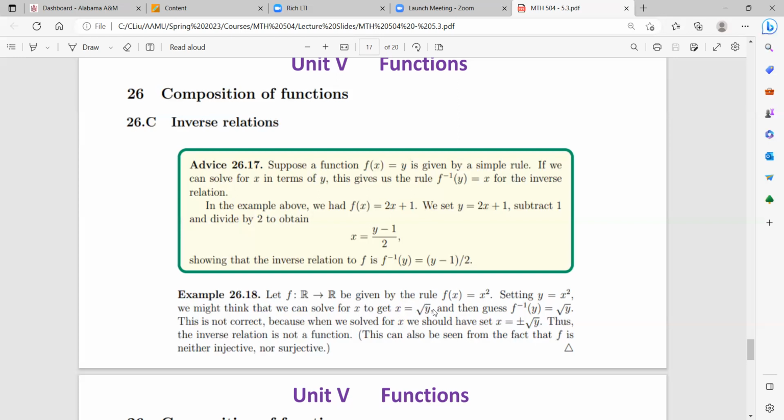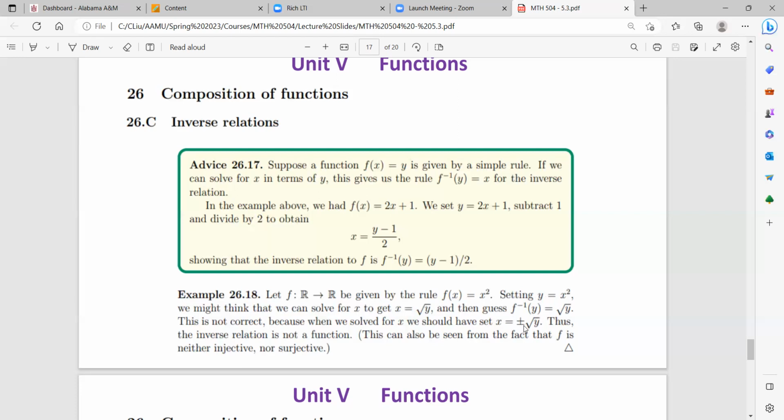You get two solutions, plus and minus when you take the square root. If you try to solve y equals x squared for x in terms of y, you get two solutions.